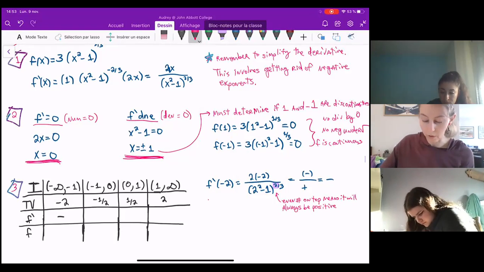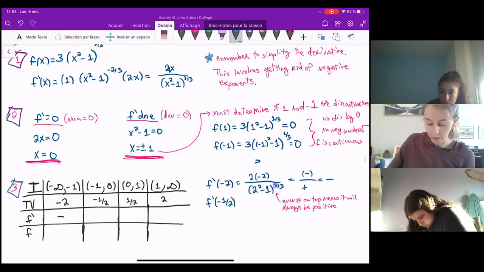And that's really useful if all I'm looking for is a sign, because then I can be like f prime of -1/2. Well, the top is negative, but the bottom is clearly positive because it's always positive.